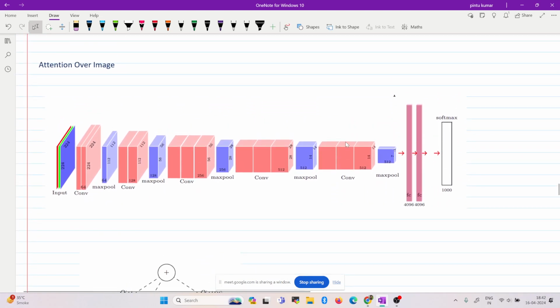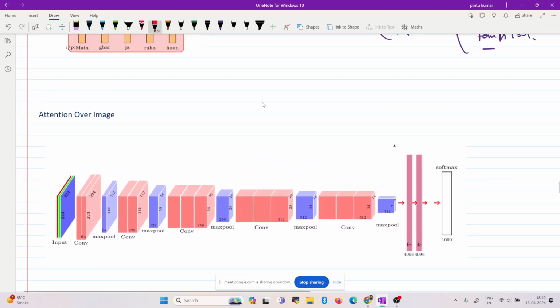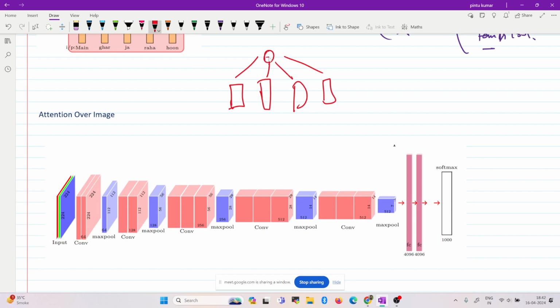Okay. So if you have, let's say, a sentence, what we saw is that at different time steps, we had different vectors that we were interested in, right? That's why we had different weighted sums over here. Now, what is the motivation for having attention on images?